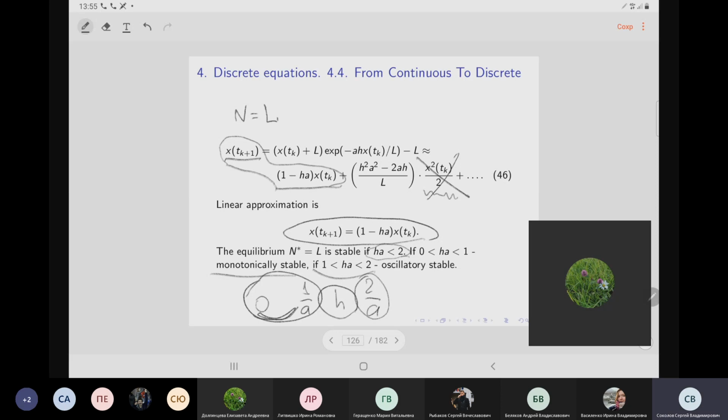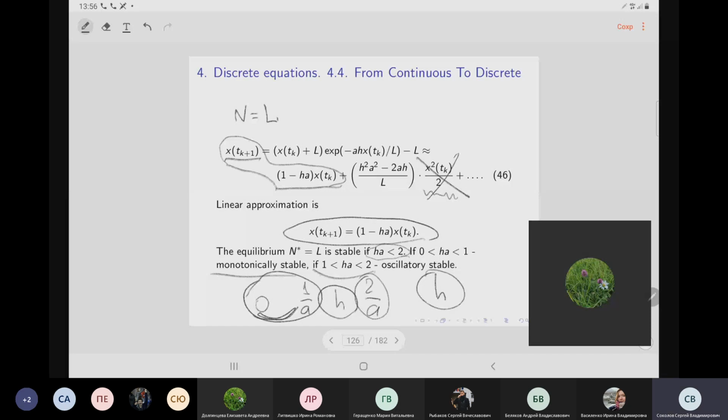We can say that it is a general situation when we discretize a continuous equation. If the integration step H is small, then we usually see that the discrete analog has the same features.